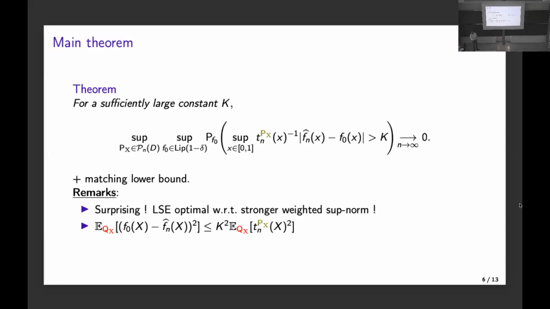But for the lower bound, if I take it for one x, then I cannot really change my x. I mean, if you have a point where you actually have a lot of px, then your theorem says that you're doing as badly as at the point x where you have very low density. So I'm not actually being adaptive to the region where I have more information in my regression problem.